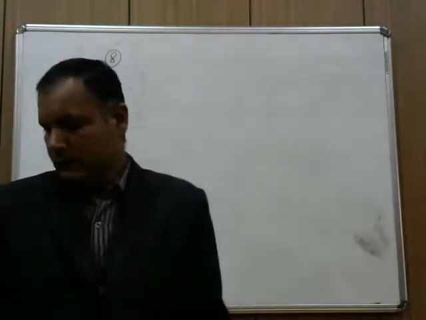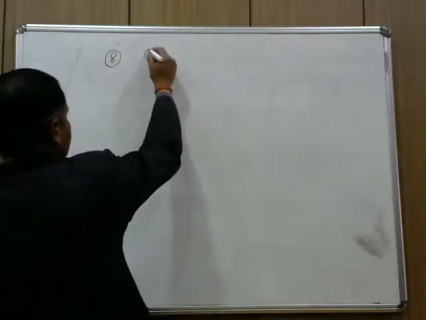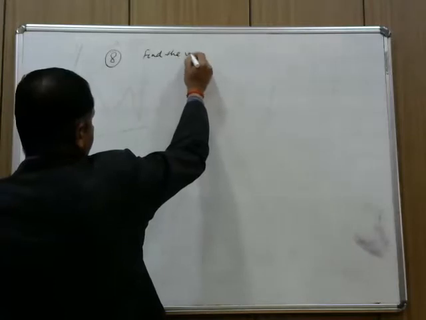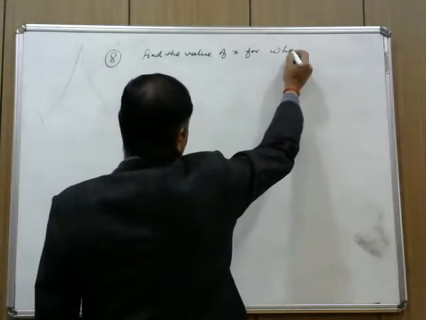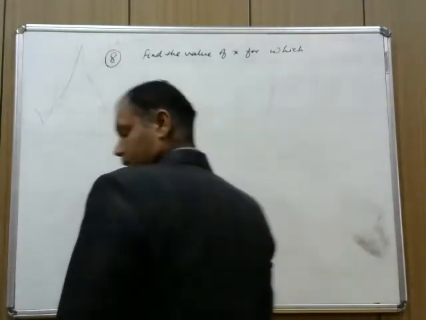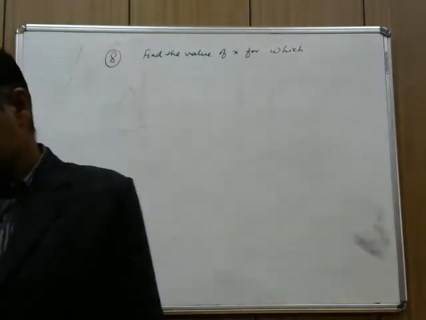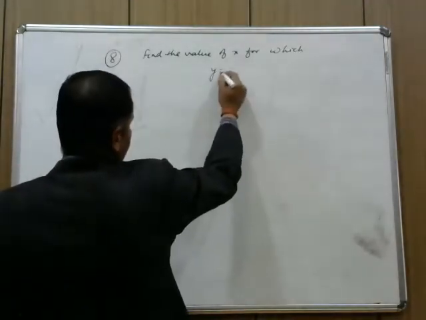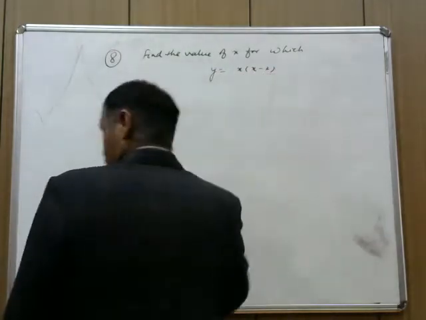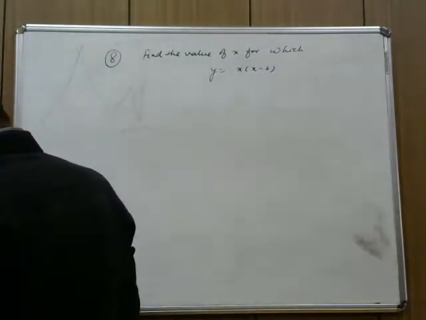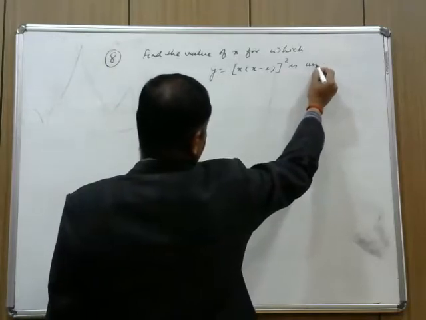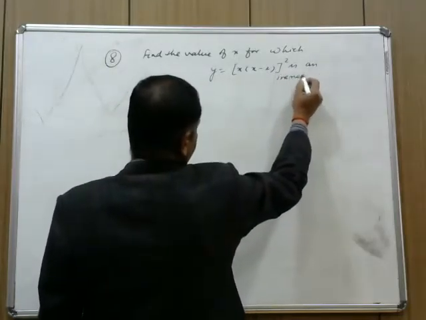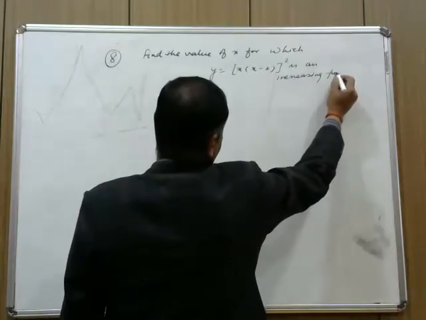Number 8: find the value of x for which the function y = x(x - 2) whole square is an increasing function.